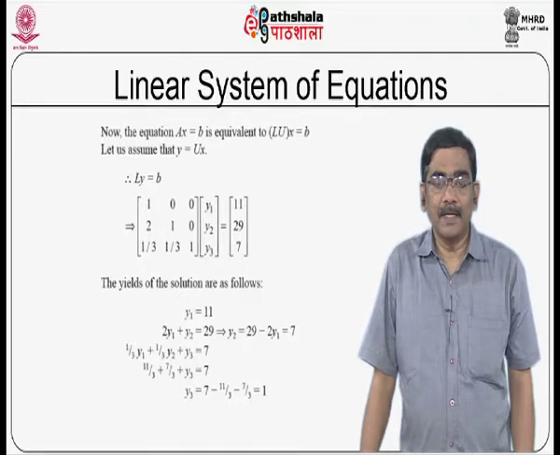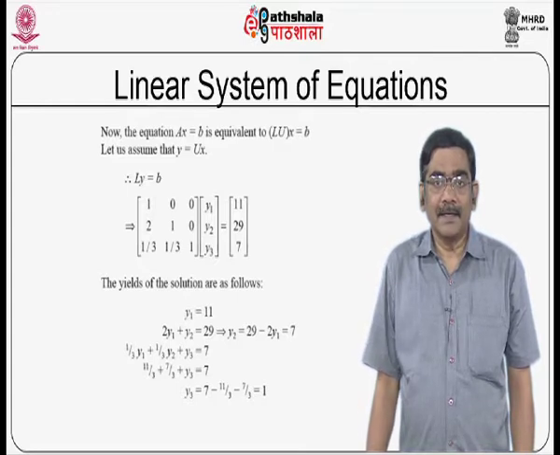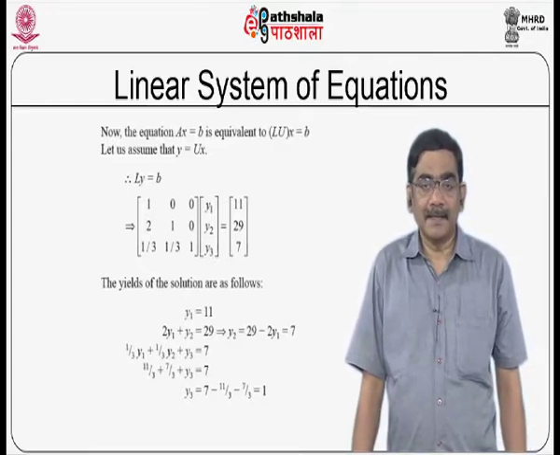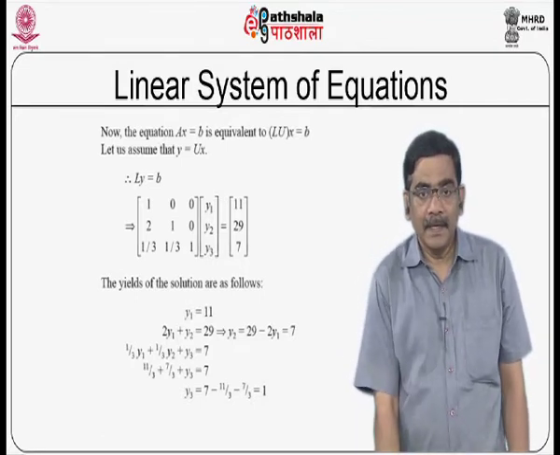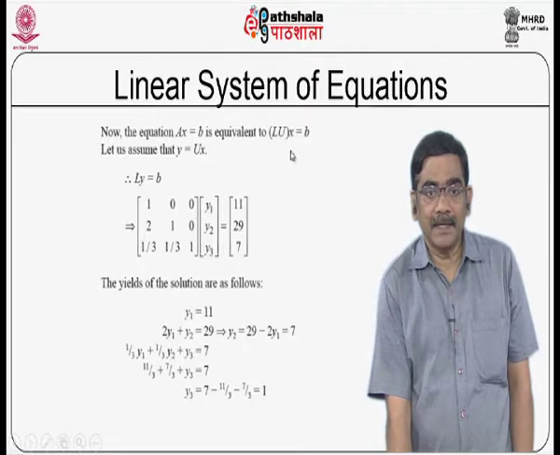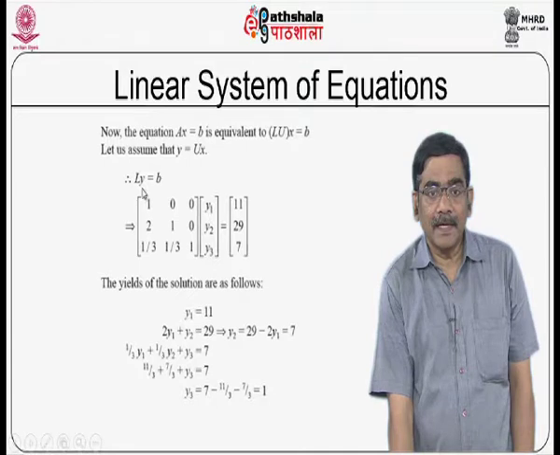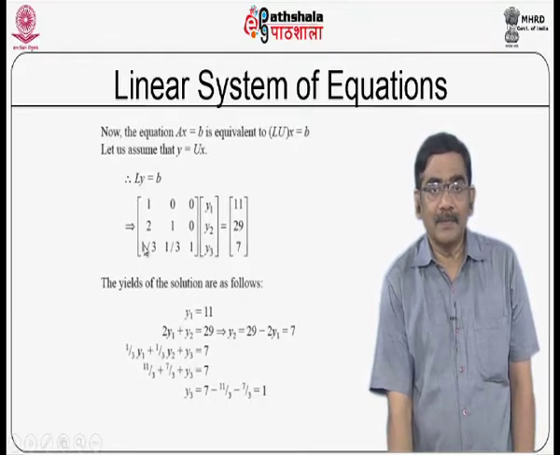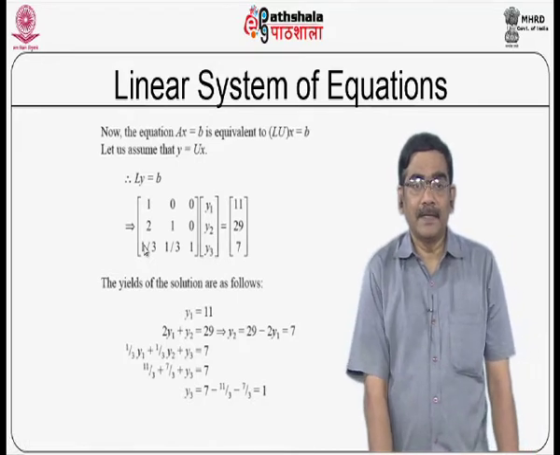We have decomposed the matrix A into LU. As we discussed earlier, we are going to replace Ax equal to B with LUx equal to B. So, now we can set Ly equal to B. This is the matrix L which we obtained in the previous step.